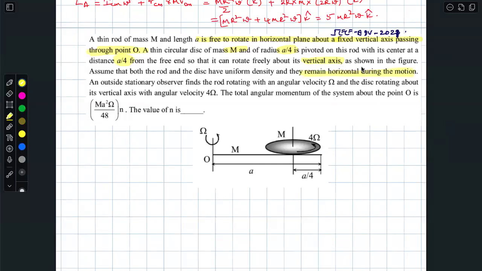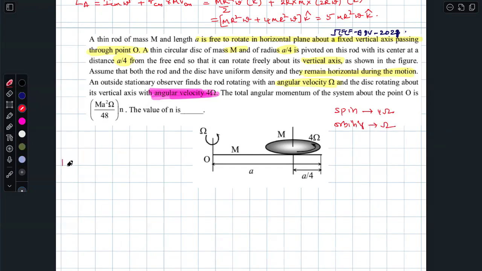An outside stationary observer finds the rod rotating with angular velocity omega and this part rotating about its axis with 4 omega, which means spin 4 omega, orbiting omega. Now first take the rod.